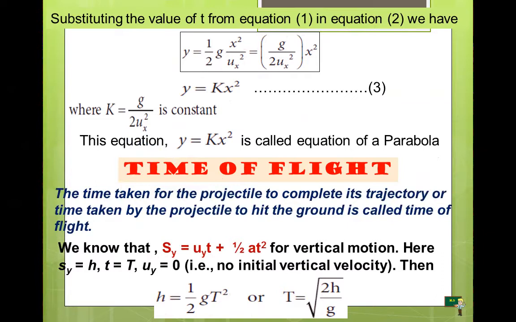Thus the time of flight for projectile motion depends upon the height of the tower, but is independent of the horizontal velocity of projection. Now let's see the horizontal range.